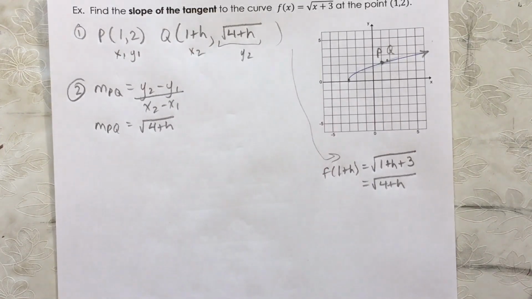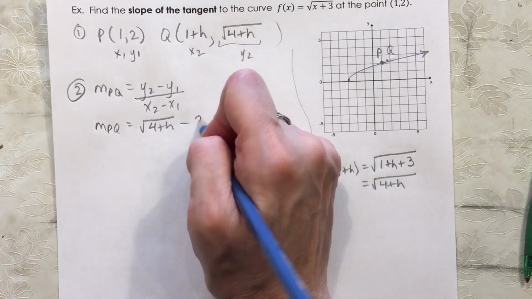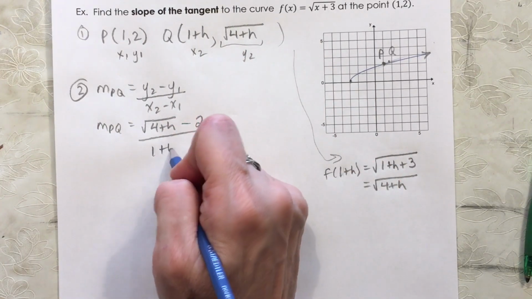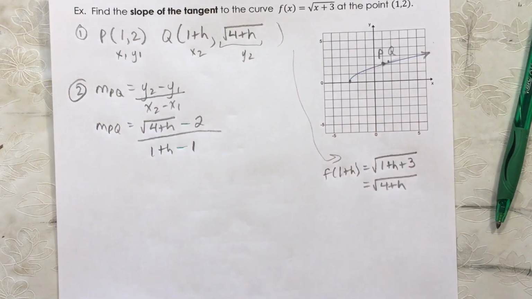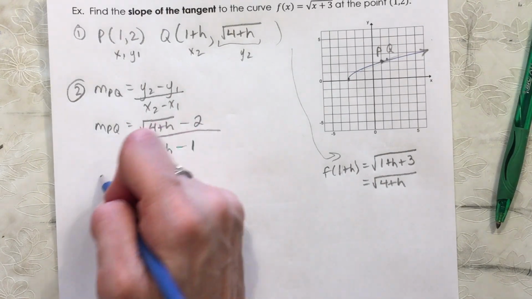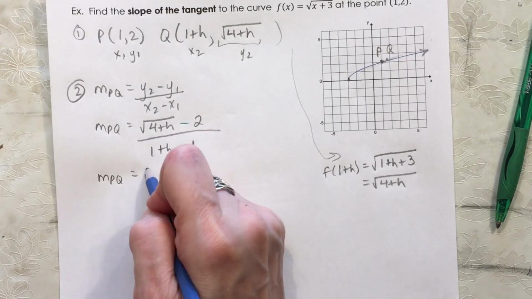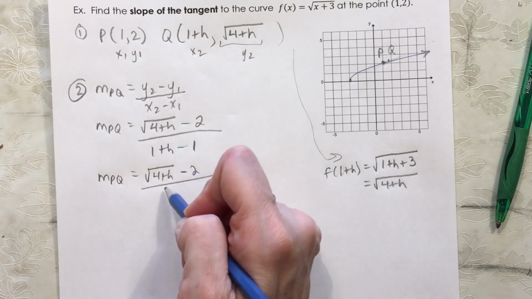And then we've got our minus sign, and then 2, over x2, which is 1 plus h, minus x1, which is 1. And we've got the square root of 4 plus h minus 2, and in the denominator we just have h.